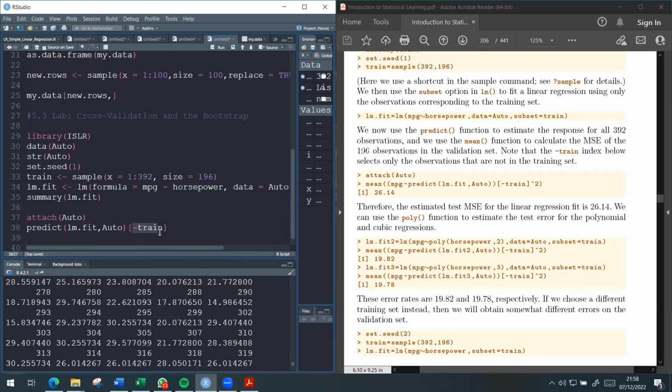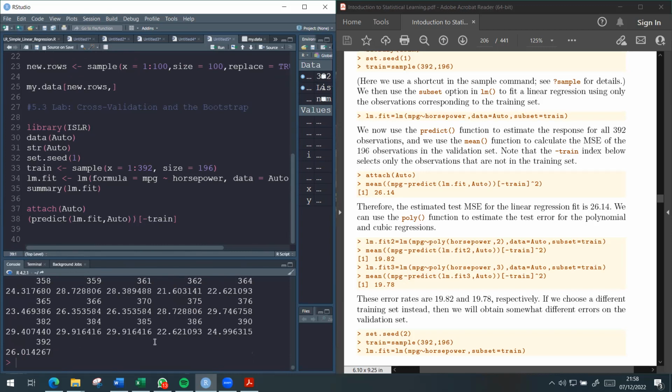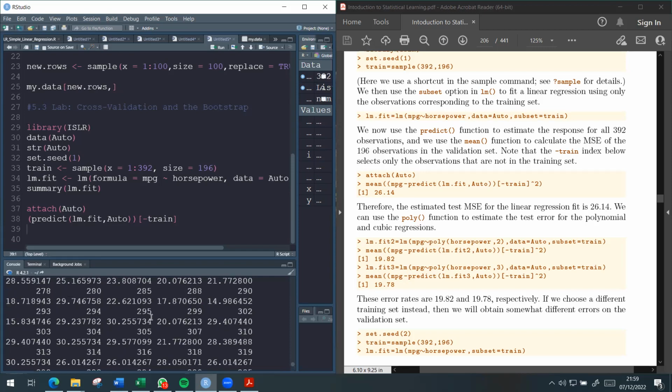Maybe, or maybe you need to put this in brackets like this. No, right? Still, yeah.